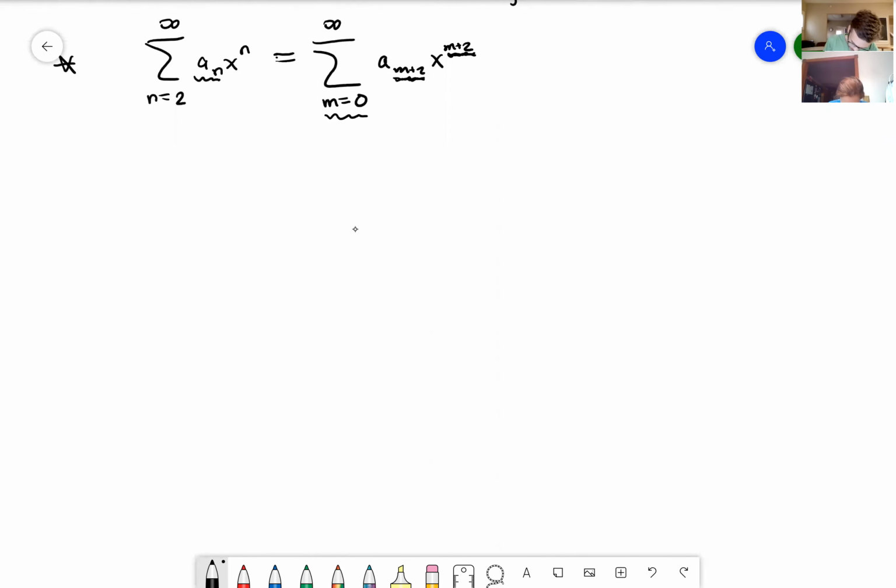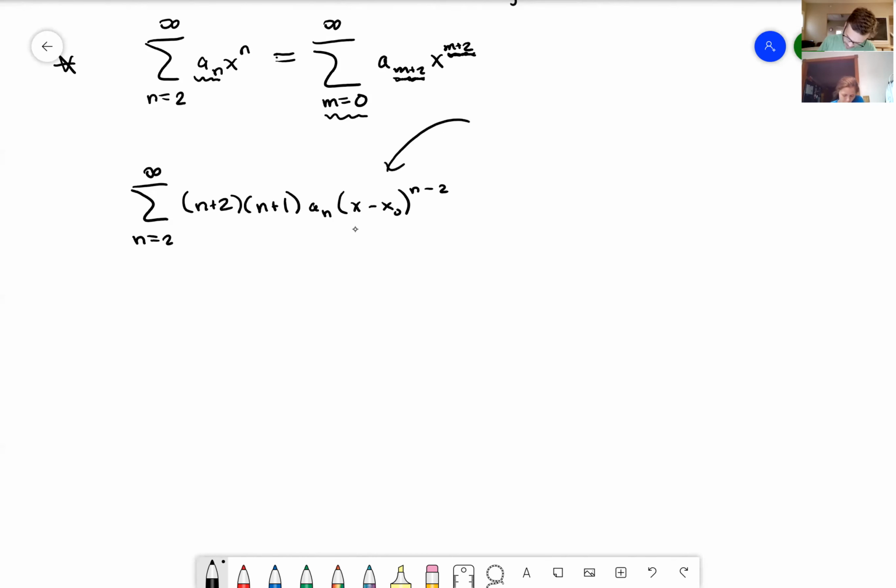Okay, slightly more complicated example. Start from 2, go to infinity, n plus 2, n plus 1, a n, x minus x0 to the n minus 2. Let's look at it a little differently.